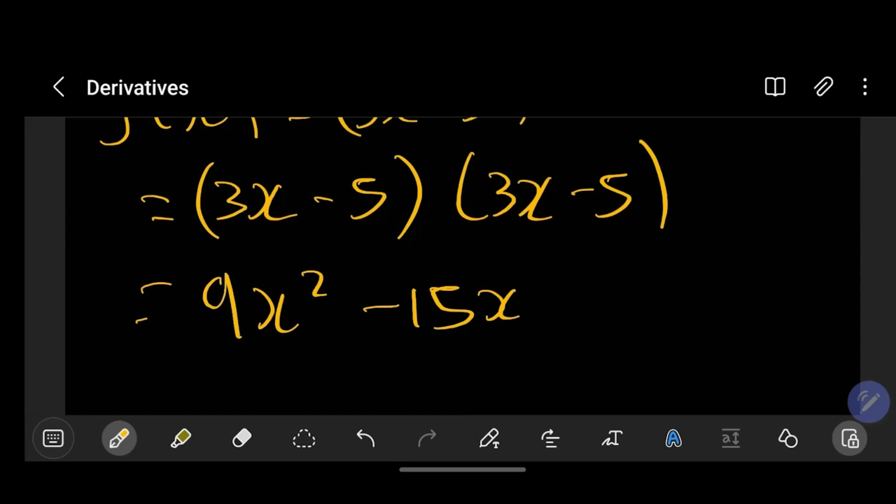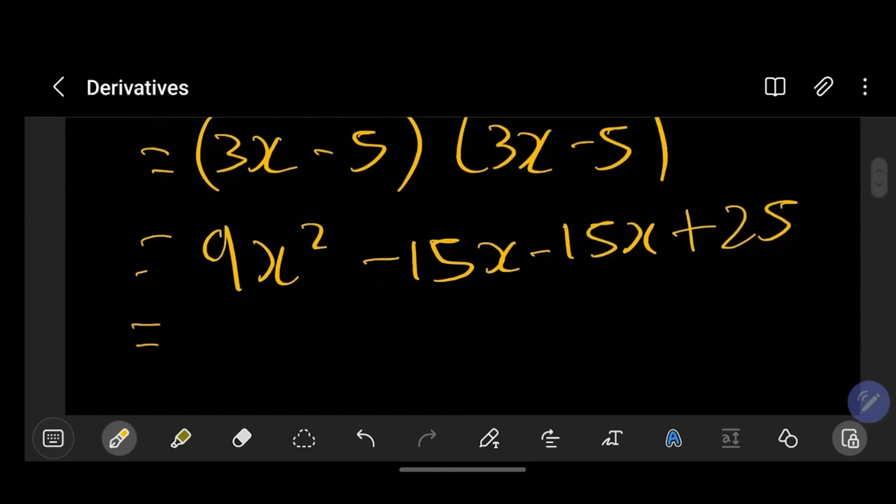Minus 5 multiplied by 3x is minus 15x, and then minus 5 times minus 5 is 25. Now we can go ahead and simplify this, and we'll get 9x squared minus 30x plus 25.